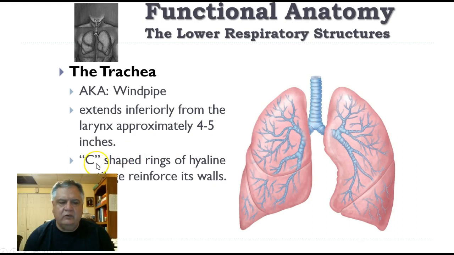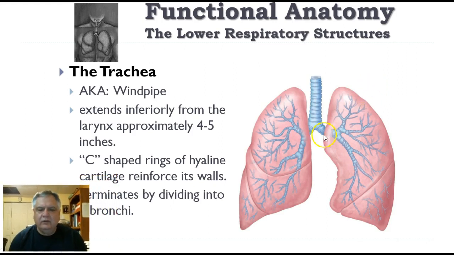Now we refer to them as C-shaped rings because in the back of the trachea, they come together and they may even overlap a little bit, but they're not continuous. And so it's kind of like there's a C shape to them. And that's important. That helps to reinforce the walls and keep the trachea open so it doesn't collapse, to allow the air to get in.